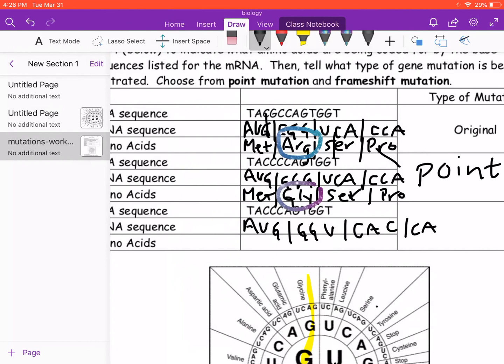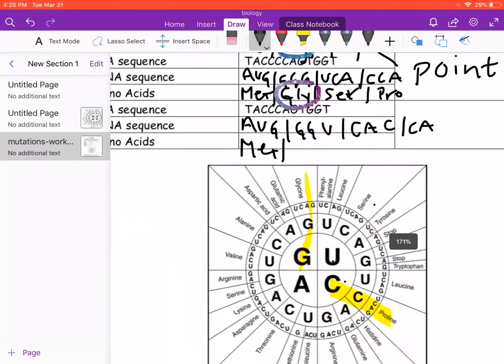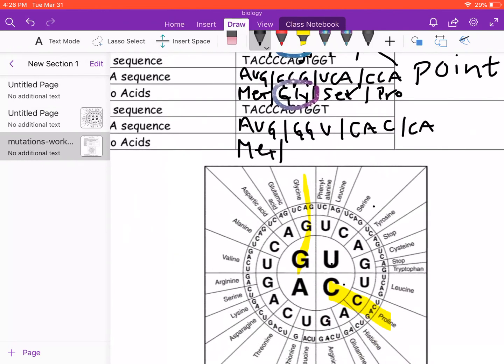So AUG is our start codon, that's methionine. We have to go down to our chart, and GGU is glycine. Then we have CAC, which is histidine. And you have to have 3 nucleotides to make a codon. So this random CA right here can't make an amino acid.